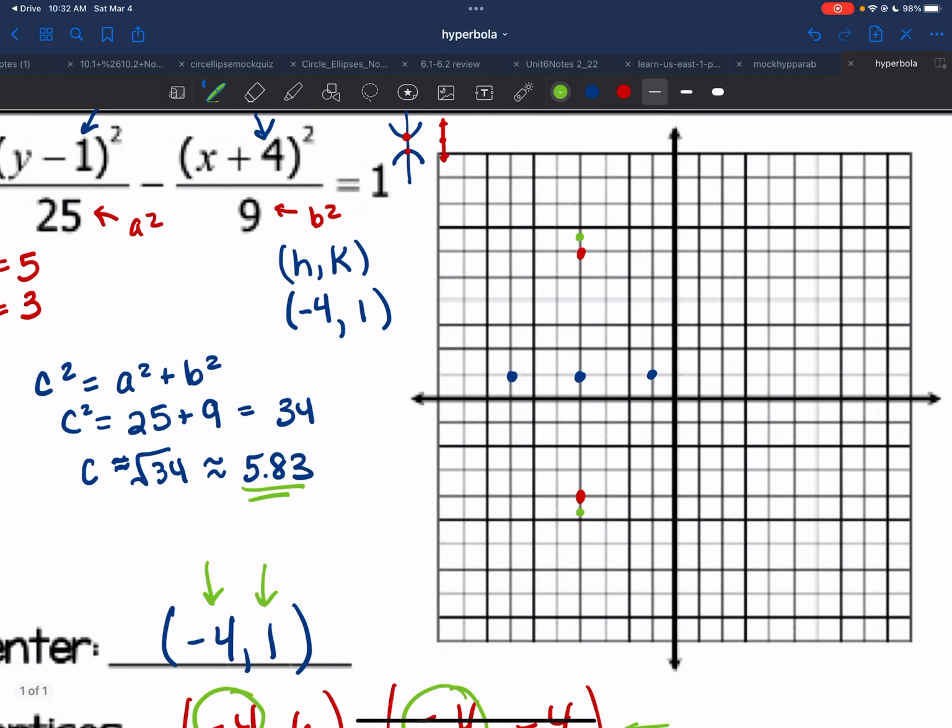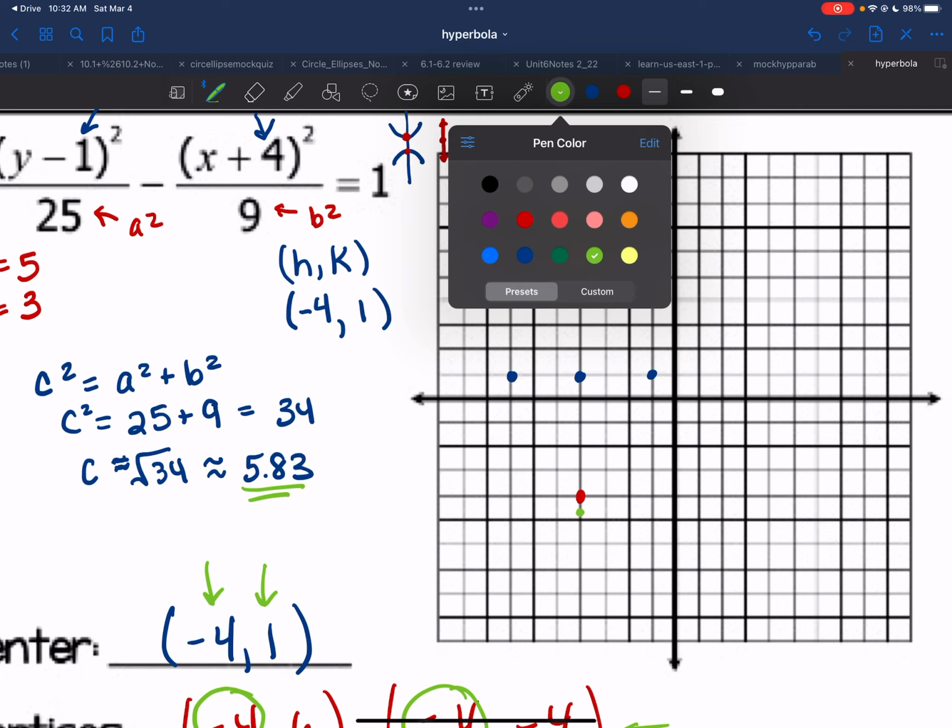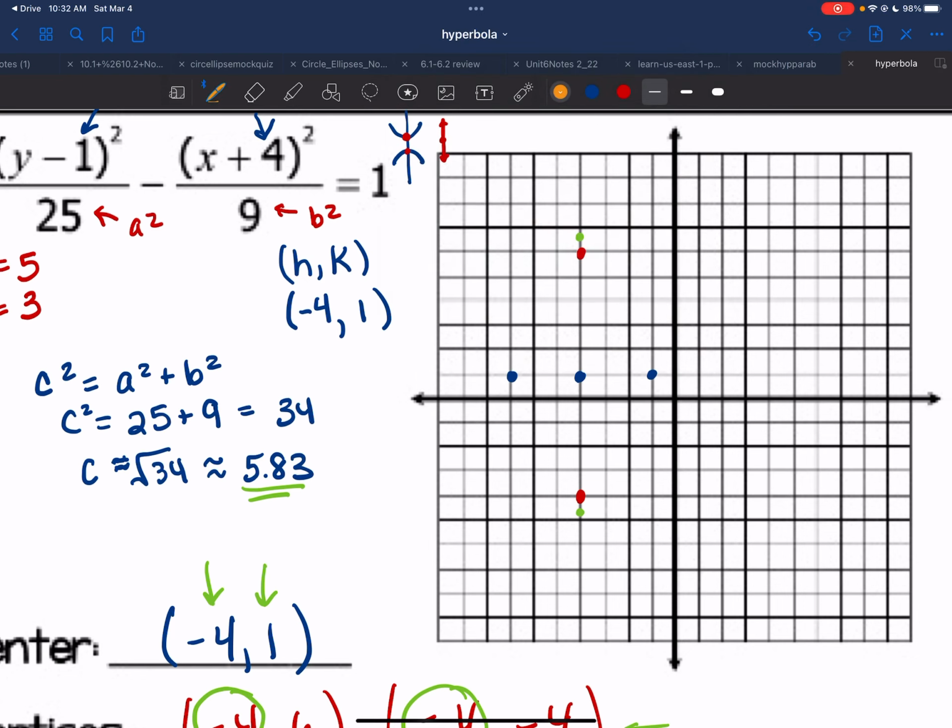All right, now that I've got those plotted, I'm going to go ahead and do my box here. So my box is going to look like this. I'm just roughing this in.